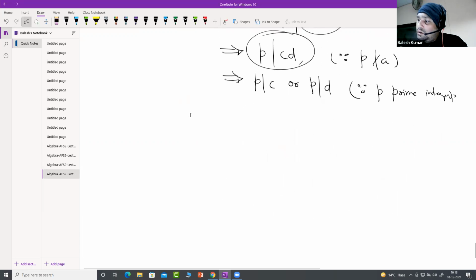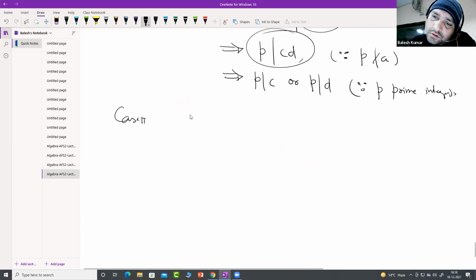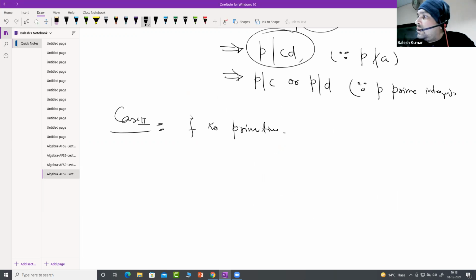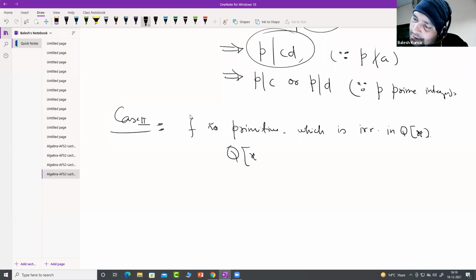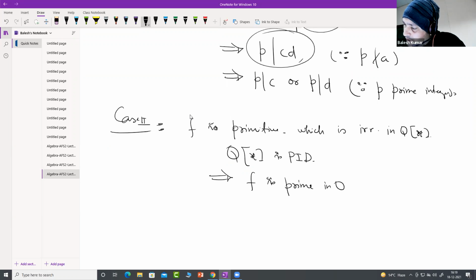If f is given as primitive, which is irreducible in Q[x], then since Q[x] is a PID, and inside a PID every irreducible element is a prime element, f is prime inside Q[x]. Our aim is to show that f is prime inside Z[x] also.